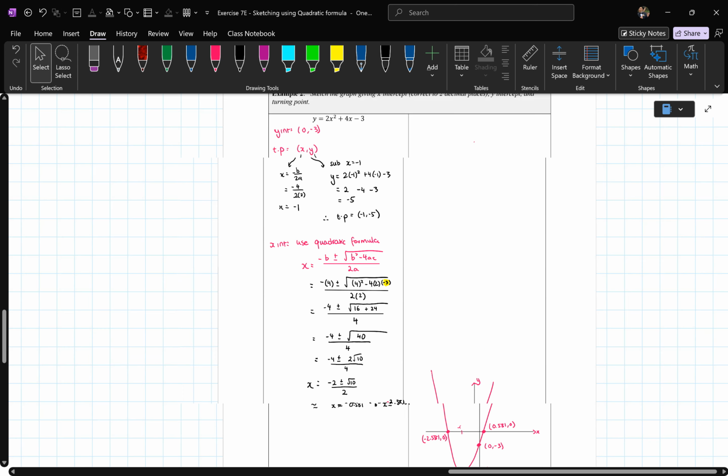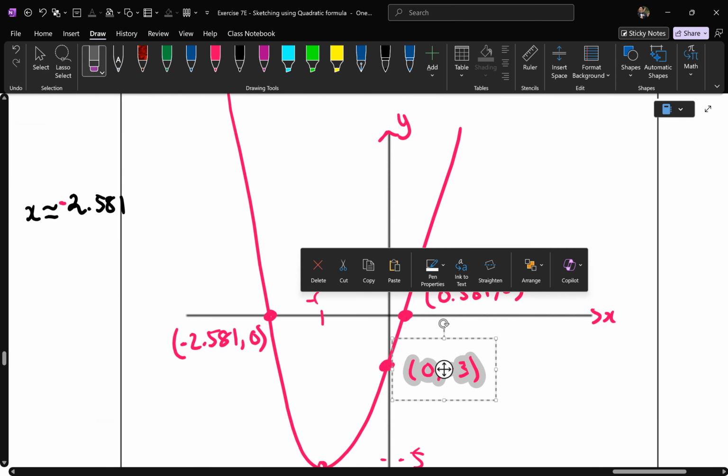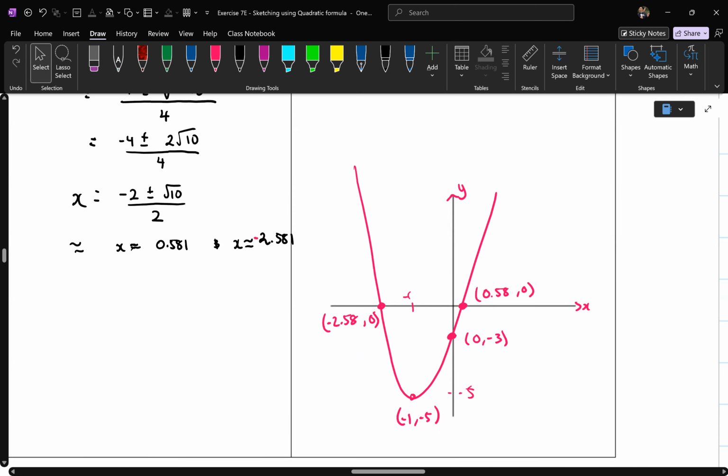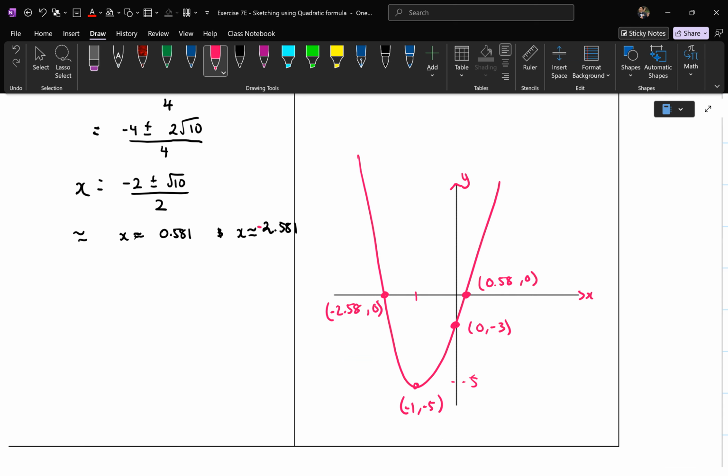They want 2 decimal places? 2 decimal places. Alright, there's the answer for the next problem.